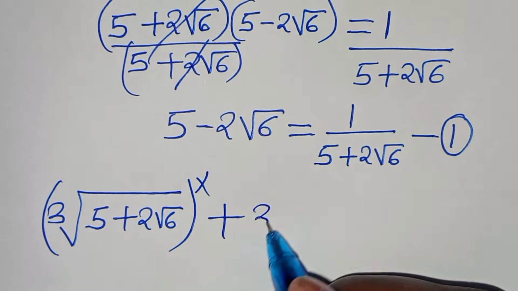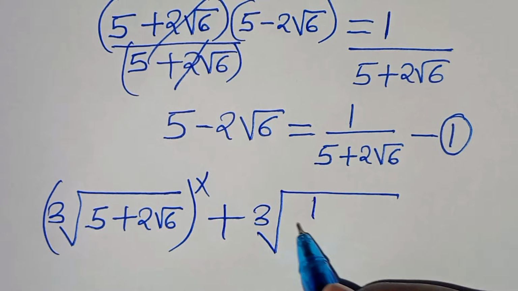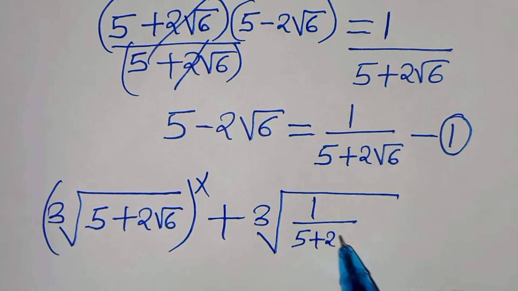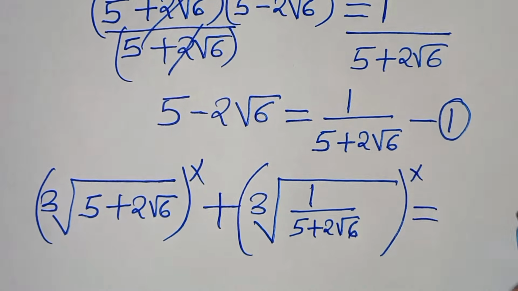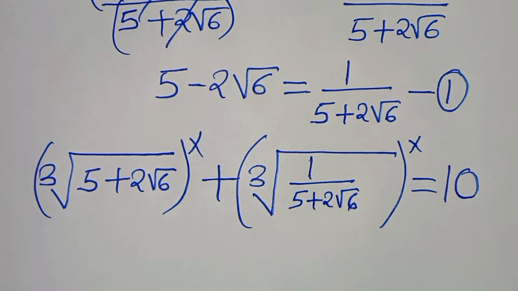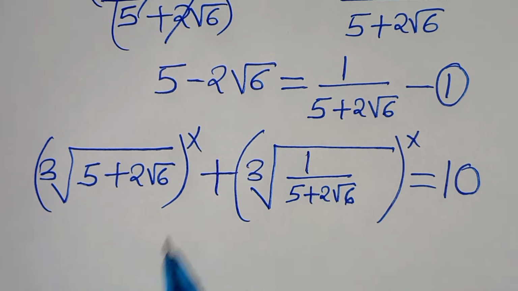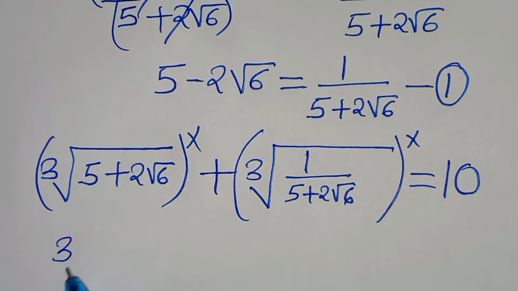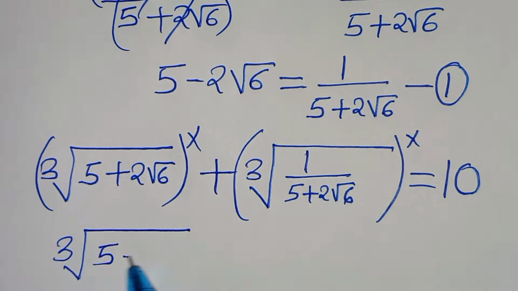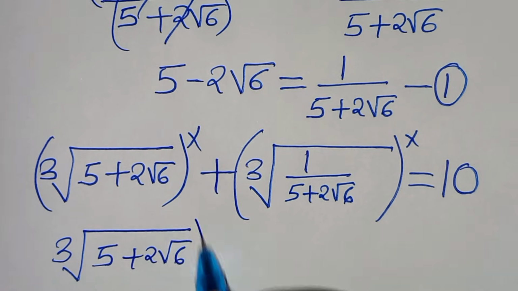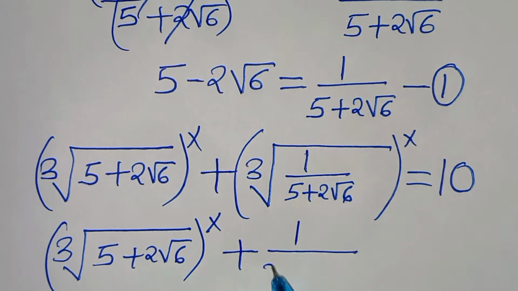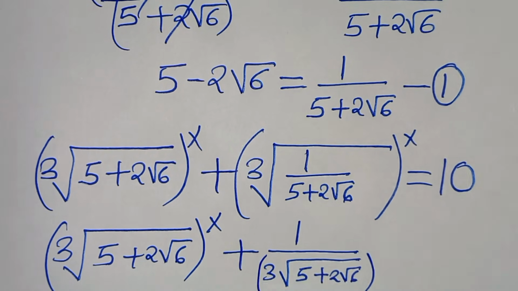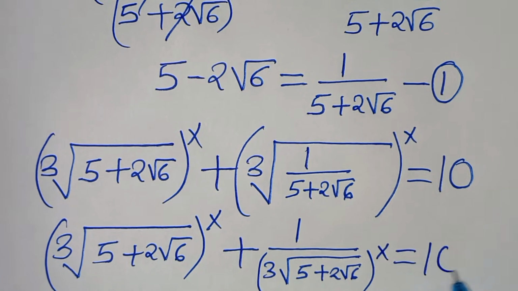So we have the cube root of 1 over 5 plus 2 root 6, everything raised to the power of x, equal to 10. The next step: this is the cube root of 5 plus 2 root 6 raised to the power of x, plus 1 over the cube root of 5 plus 2 root 6 raised to the power of x, and this is equal to 10.